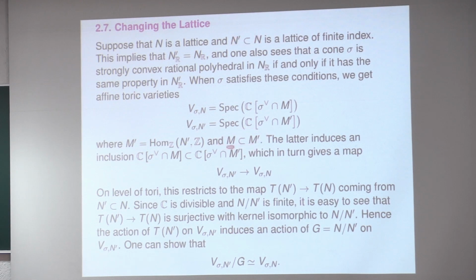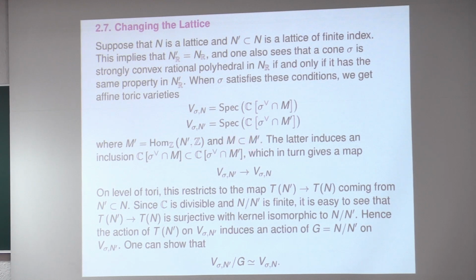Then if this M can be seen as a sublattice of this one, then we can intersect sigma dual with both. So we get an inclusion between sigma dual intersected with M to sigma dual intersected with M prime.